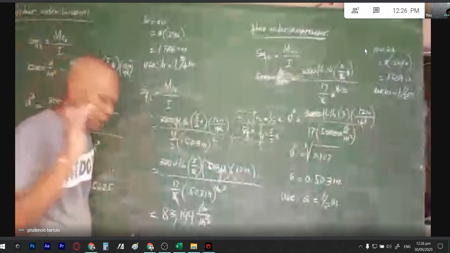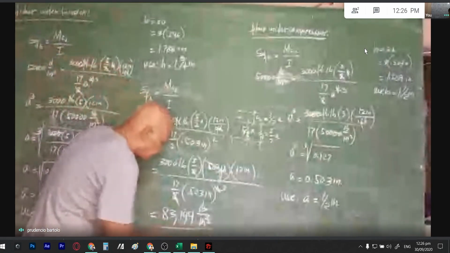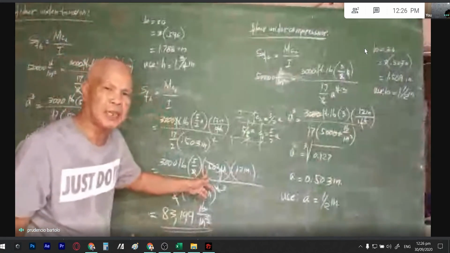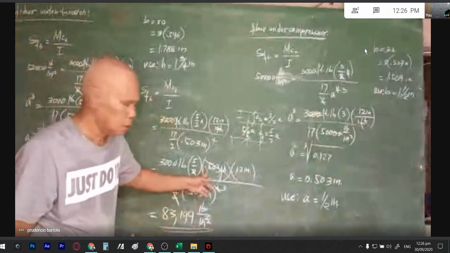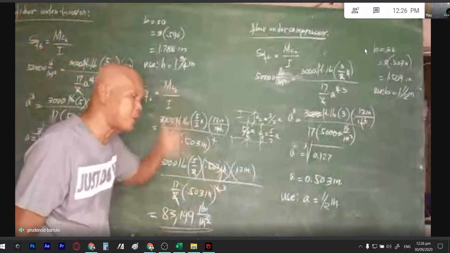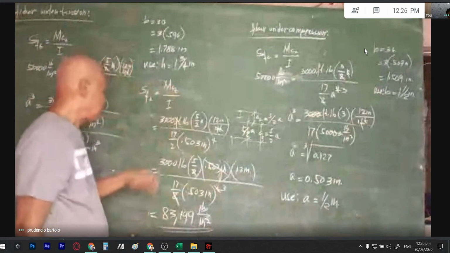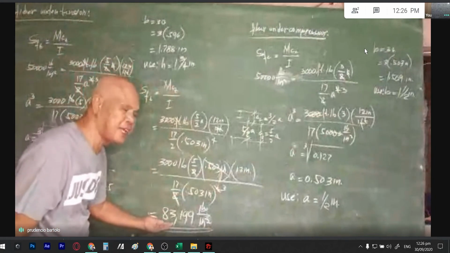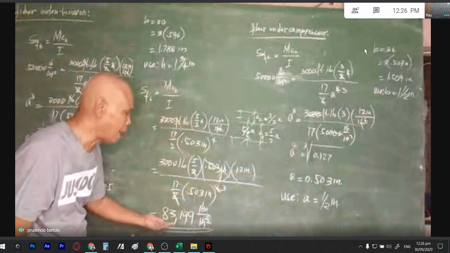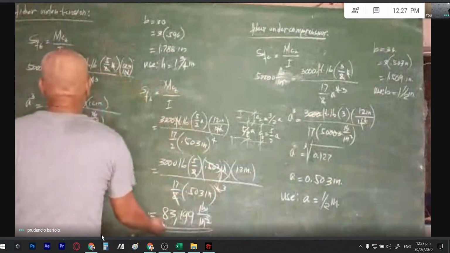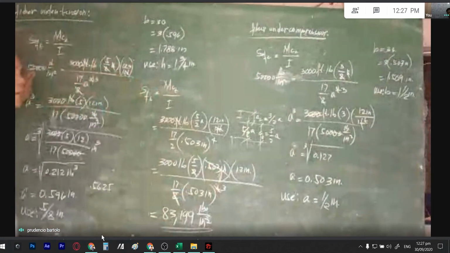Now, if we make use of the 0.503 inches dimension on A, the stress we will have is 83,199, which is higher than the allowable stress.